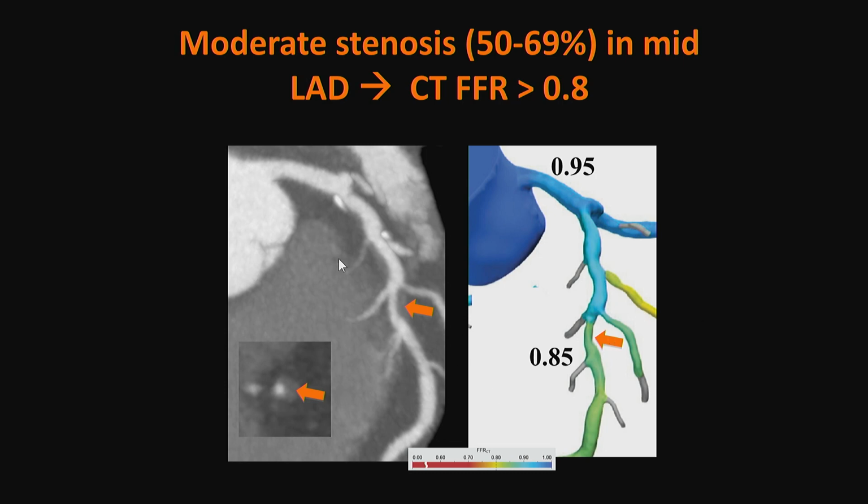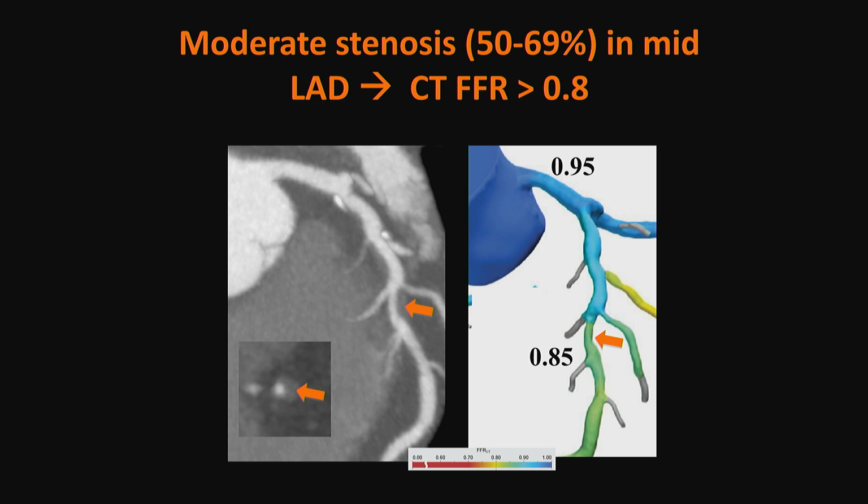There are several vendors that can perform this, but at least one of the vendors, the leading vendor at this time, does require sending the data to a vendor that will then do this determination, and the information returned to the site would be that the CT-FFR here is 0.85, thus establishing that this is not flow limiting.